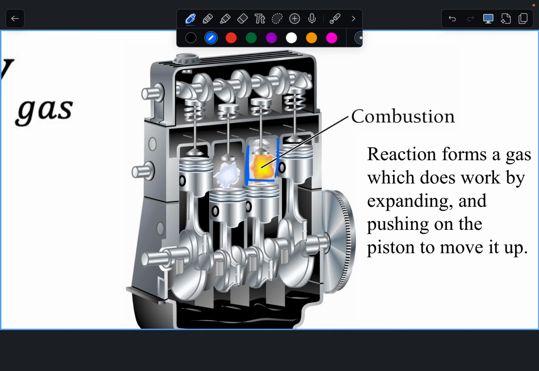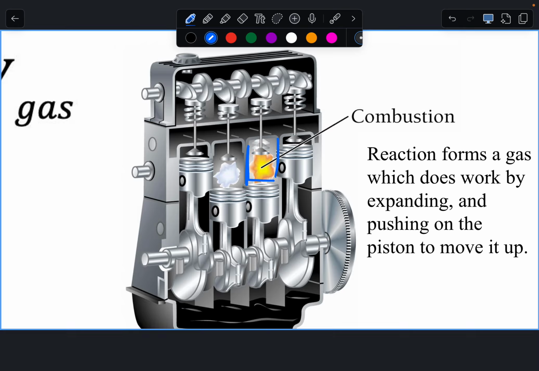So you're in this confined space, and it's a very small amount, and then you make a gas that's big, and it actually pushes up on that piston. So the gas itself pushes on something. It's applying a force, and when all of these work together, those pistons moving rotates the axle, and that's what makes your car move. Okay?